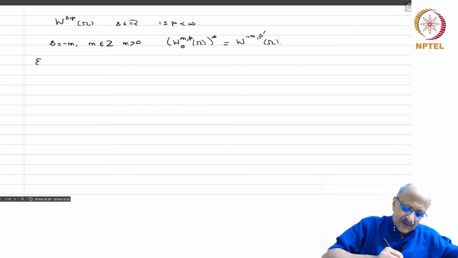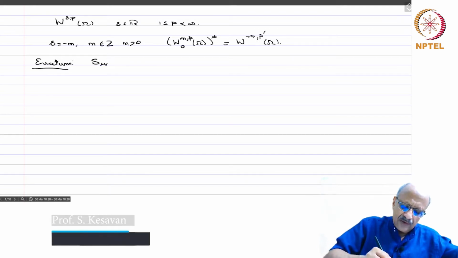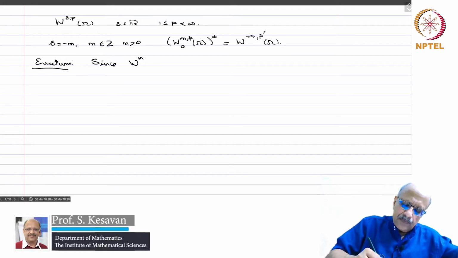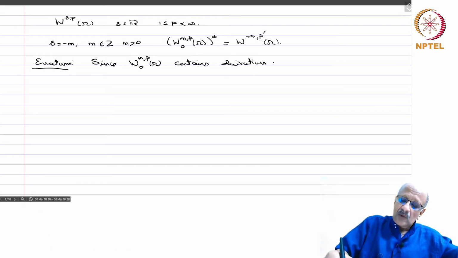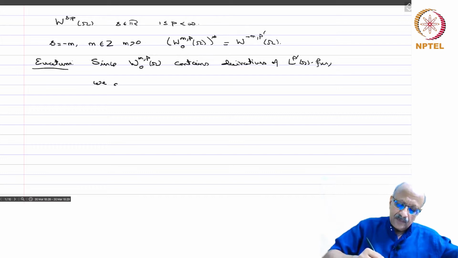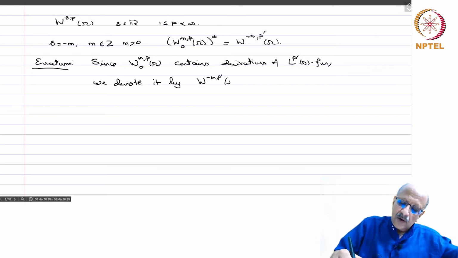So in this case, I want to correct something which I wrote last time. I wrote the following: since W_0^{m,p}(Ω) contains derivatives of L^p'(Ω) functions, we denote it by W^{-m,p'}(Ω).